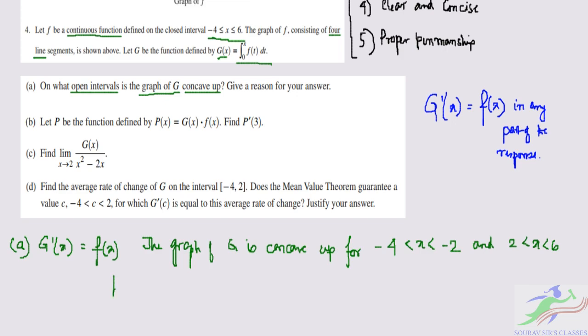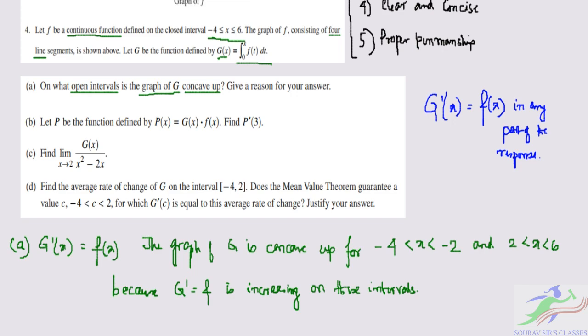This is because g prime, which is equal to f, is increasing on these intervals. That is the simplest part, for the reason as well as the answer.